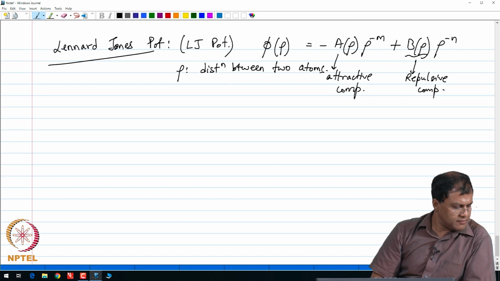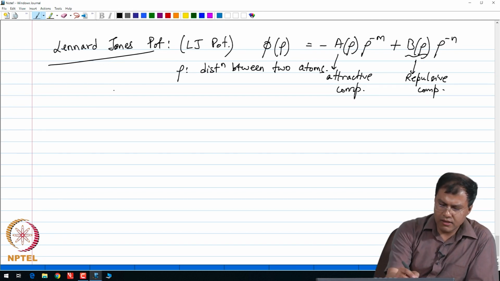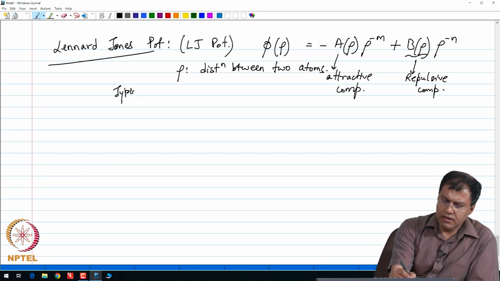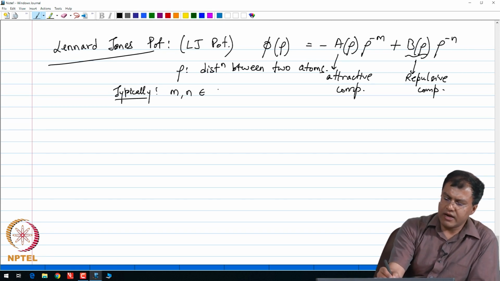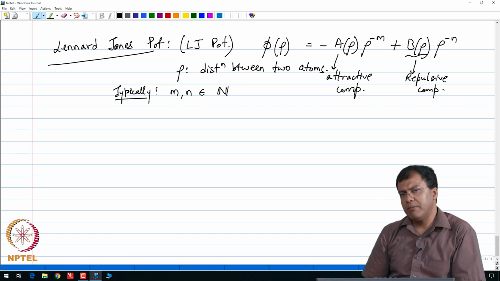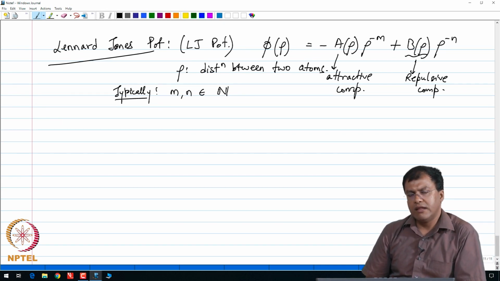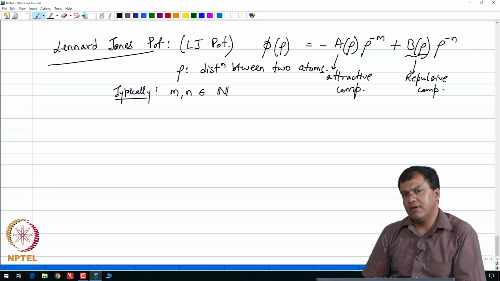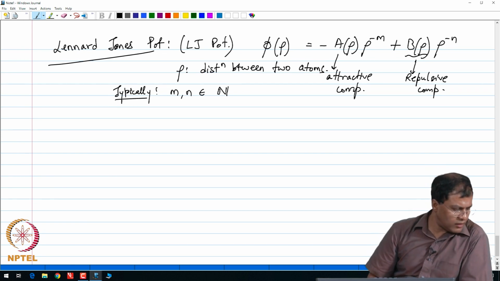And then typically these coefficients m n, these are natural numbers. So, sometimes these are also called the Lennard-Jones m n potential, which tells us the strength of the attractive as well as the strength of the repulsive components of the potential.